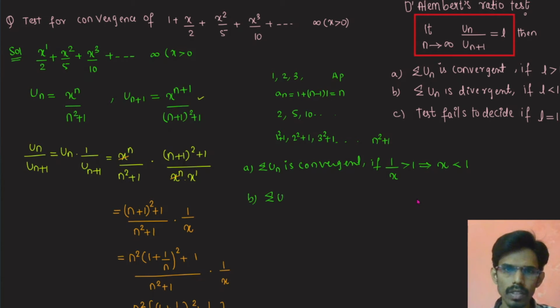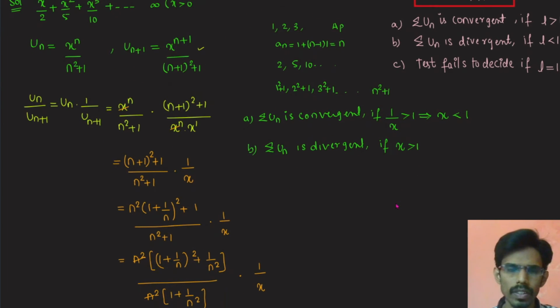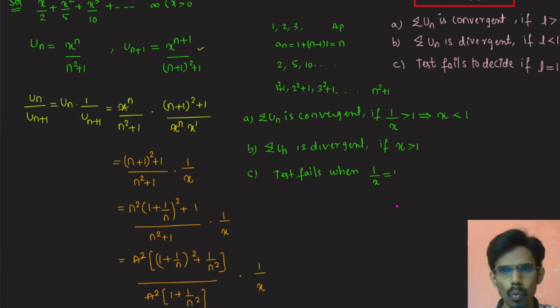B, sigma un is divergent if x is greater than 1, that is the reverse of that. Now for C, the test will fail. The test fails when the limit of the ratio 1 by x is 1, that is, x value is 1.